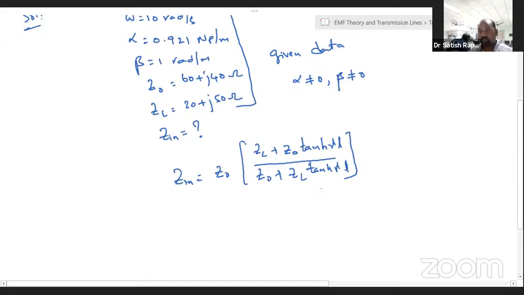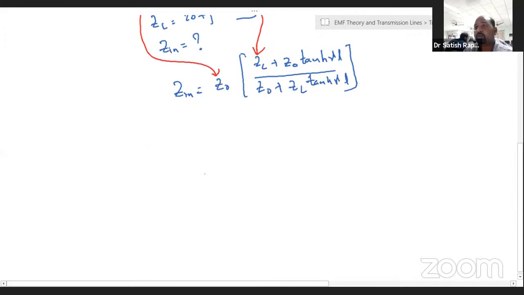So from this it is clear that Z naught is given, and ZL is given. You can substitute there directly. And what else do we have? Let me determine tanh gamma L separately.